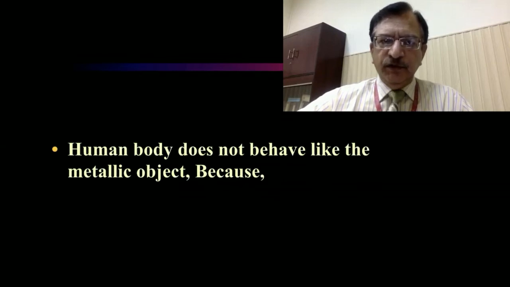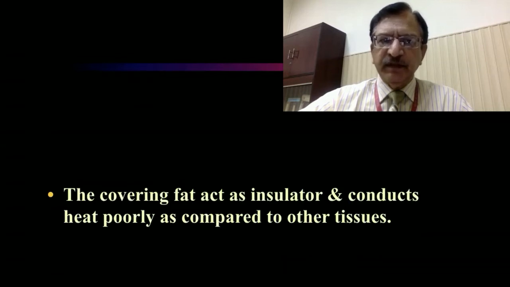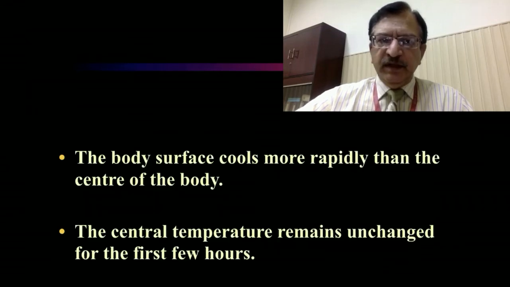The human body does not behave like a metallic object because the human cadaver is composed of many types of tissues and organs having variable conductivity of heat. The covering fat acts as an insulator and it conducts heat poorly as compared to the other tissues. The body surface cools more rapidly than the core of the body.